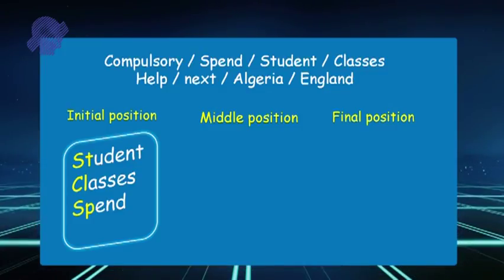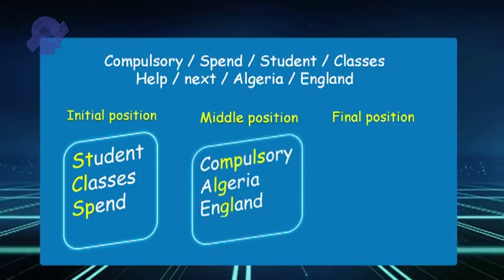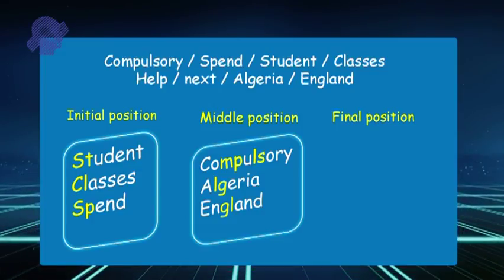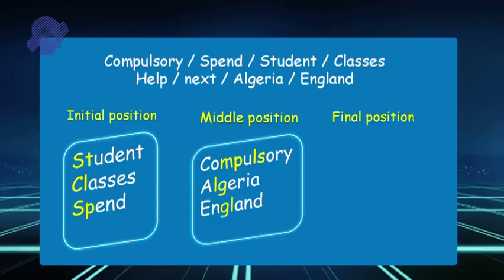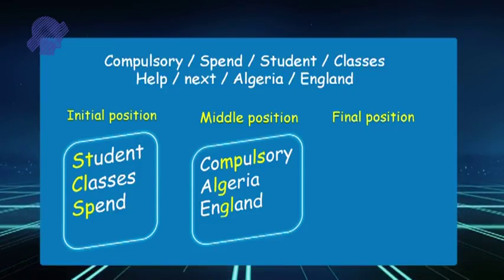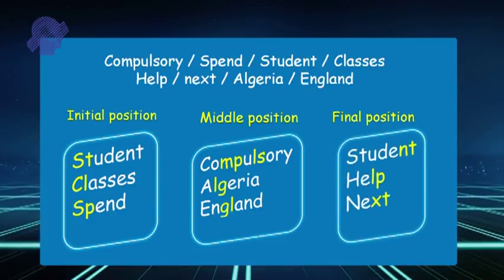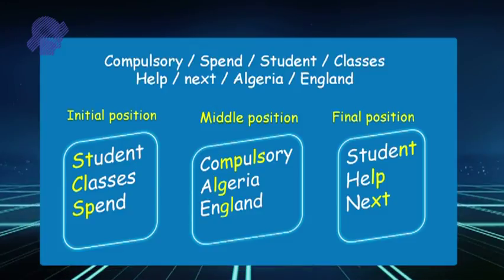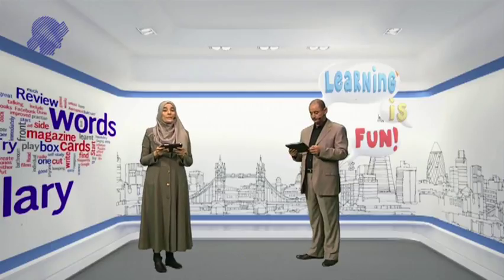And for middle position, you have m and l in compulsory, and alg in Algeria, and ngl in England. And finally, in final position, you have ent in student, lp in help, and finally, xt in next.